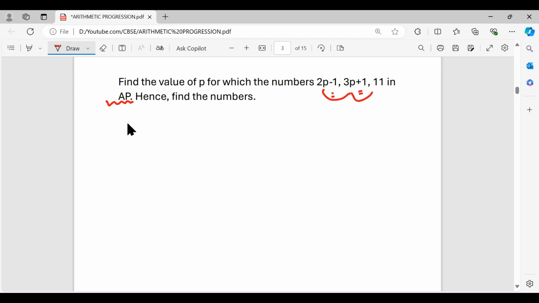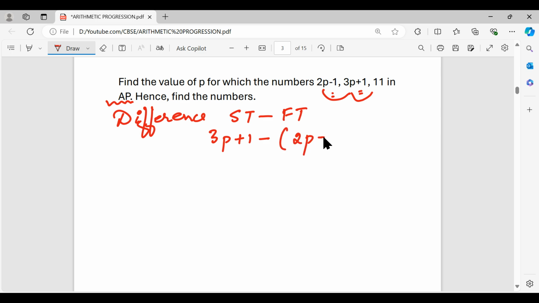Okay, so let's see the difference between the terms. So difference of this second term minus first term I will do. Now look here. This is 3p plus 1 minus, definitely you should put a bracket now, 2p minus 1, and this will give you 3p plus 1 minus 2p plus 1.